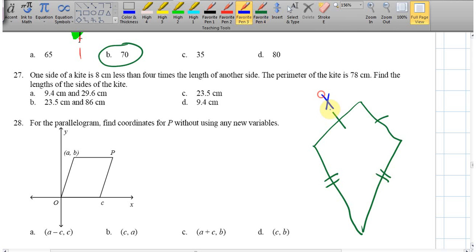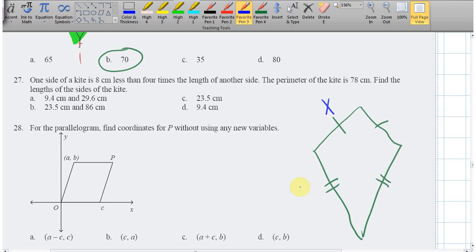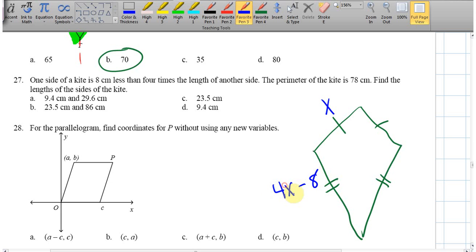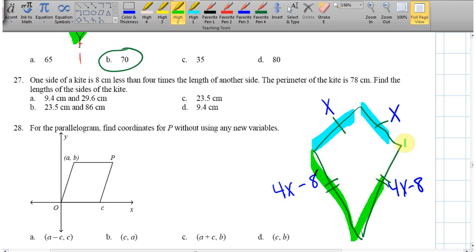Well, for example, I don't know this one, but I know this one is 8 centimeters less than 4 times the other one. So these two will be the same, and those two will be the same. One more time: one side of a kite is 8 centimeters less than 4 times the length of the other side. So that's how we would interpret this word problem. These two sides we have no idea, but these two are 8 centimeters less than 4 times the other side.